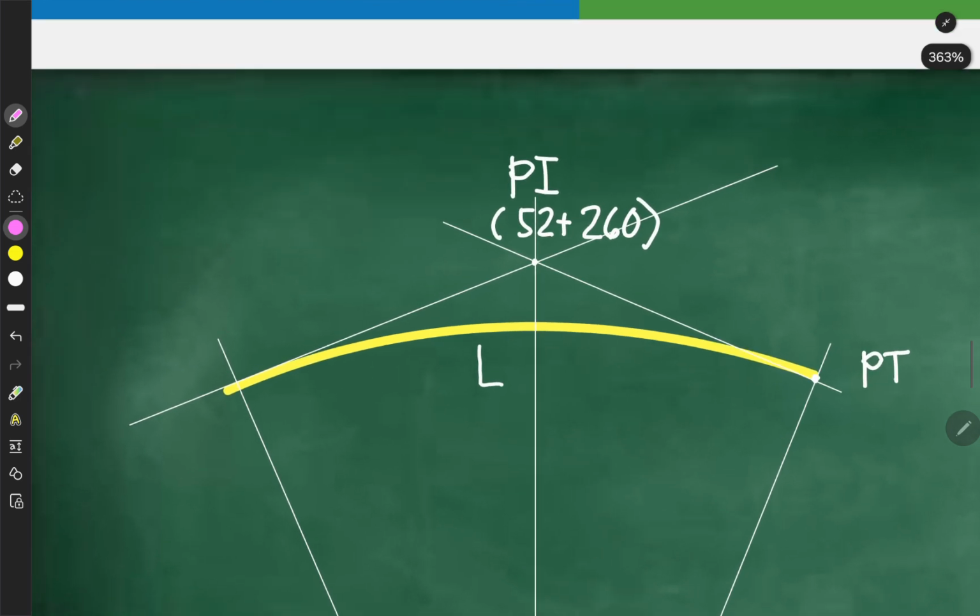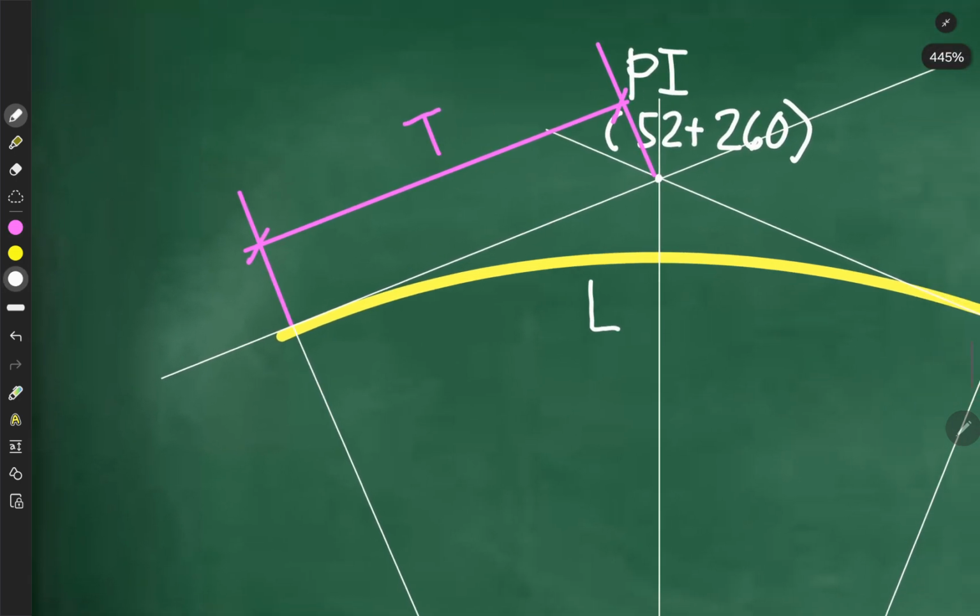Okay, so let's solve that. Again, this is our PT, PI, this is our tangent distance T, and this is our PC.